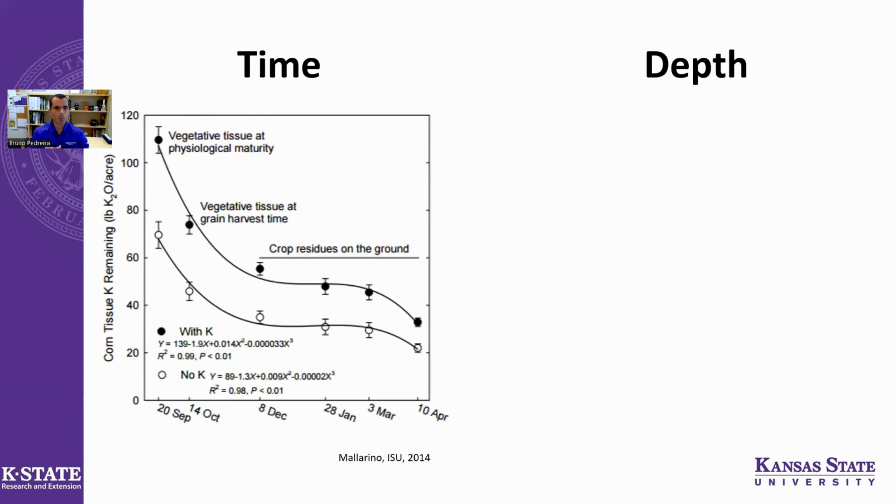Two other things that are important to know: time and depth. In terms of time, especially when we have crop residues in the field, they will be processed throughout the year, and sometimes that will change the amount of nutrients we have there. So it's good to take your soil samples at the same time of the year.